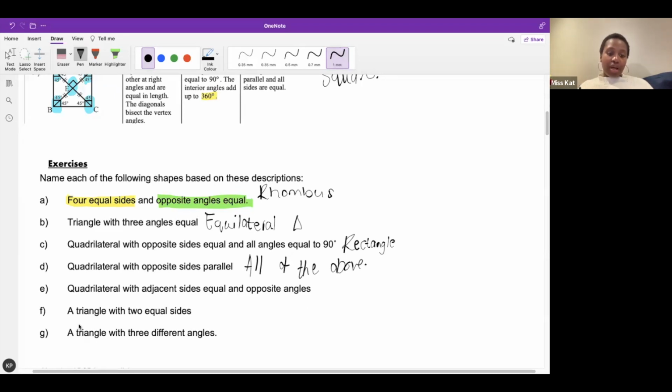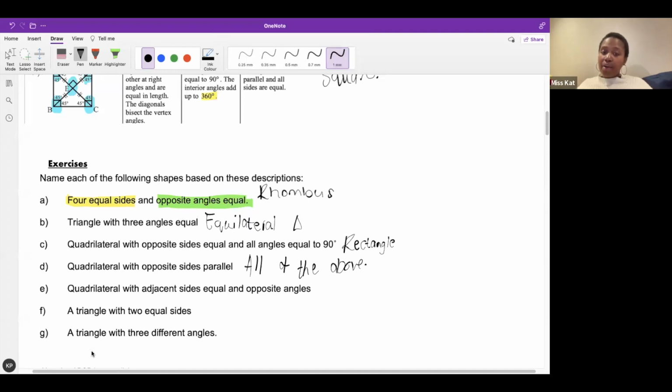Okay. The next one says it's a quadrilateral with adjacent sides that are equal and opposite angles. Adjacent sides, meaning the sides next to each other, not opposite. Adjacent sides and equal opposite angles.